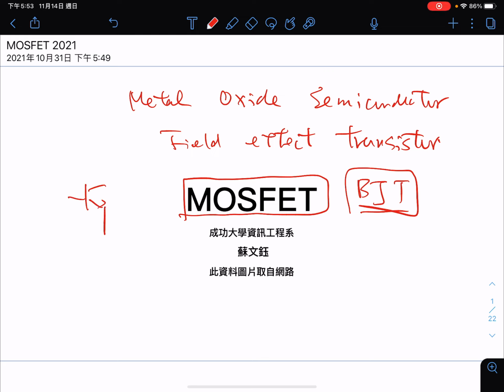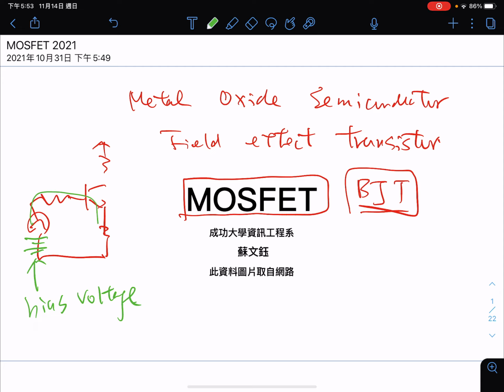If we have a source here, in order to make the transistor go into its working area, we need to apply the bias voltage here. This bias voltage will create an IB current such that this transistor turns on. And here we always need to have IB current.